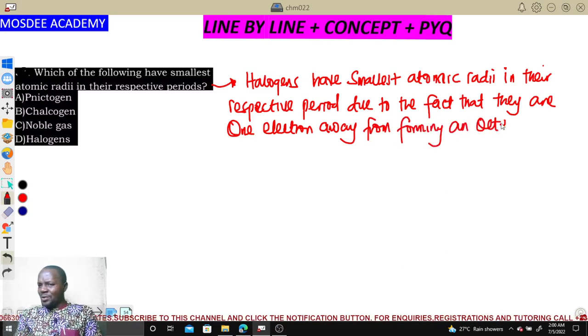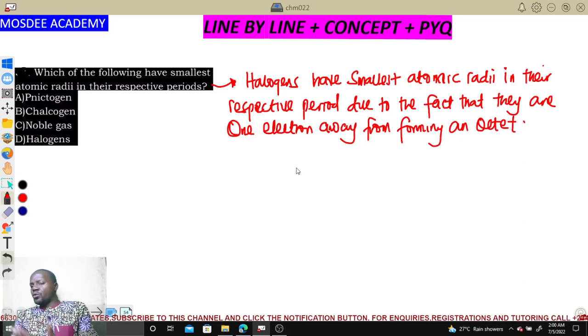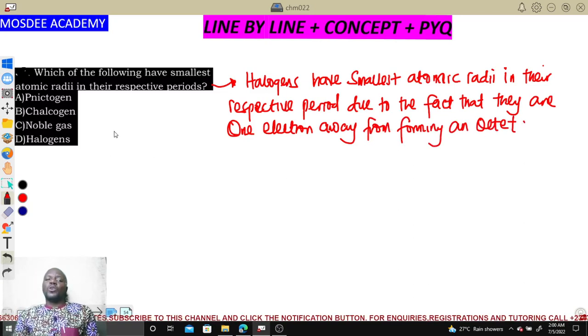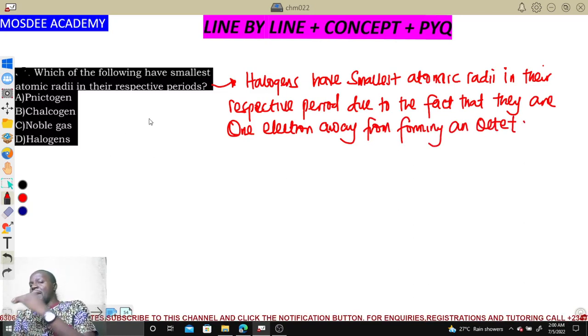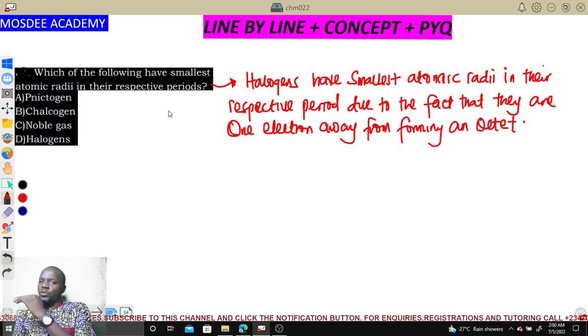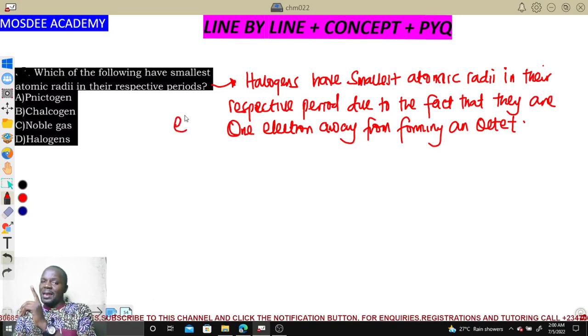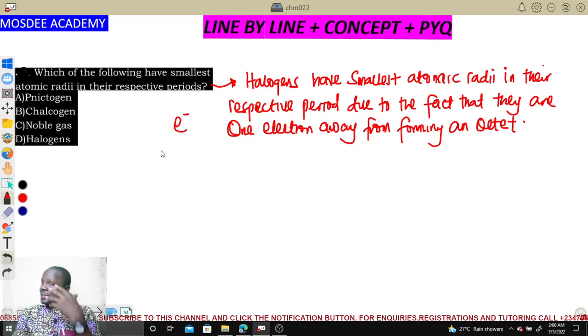I hope you understand, group 17. They are close to the noble gases. That is why the atomic radius in each period is smallest for them. They are very close, they only need one more electron. That's why they are electronegative and powerful oxidizing agents.